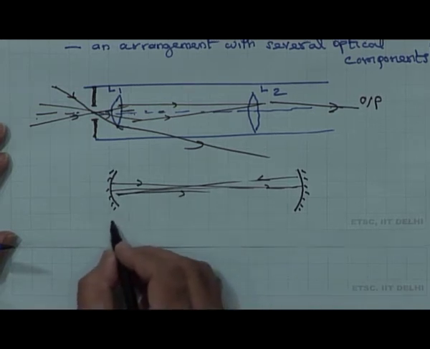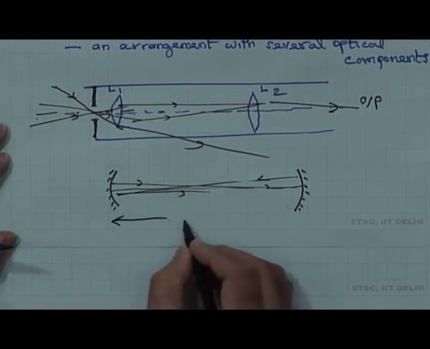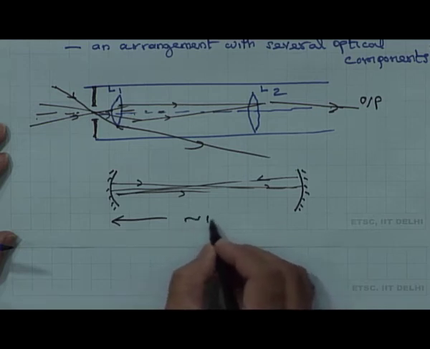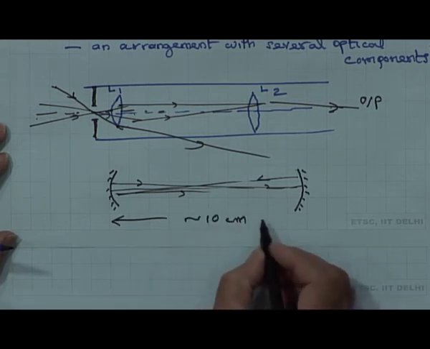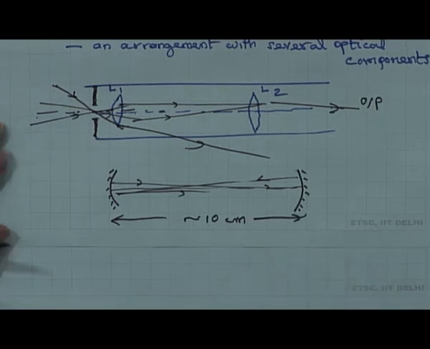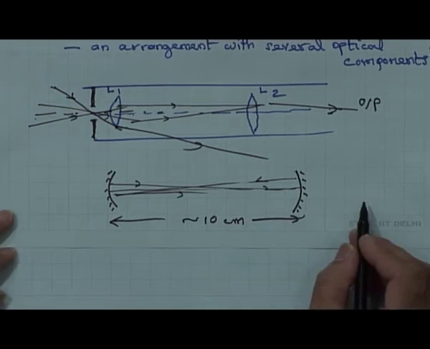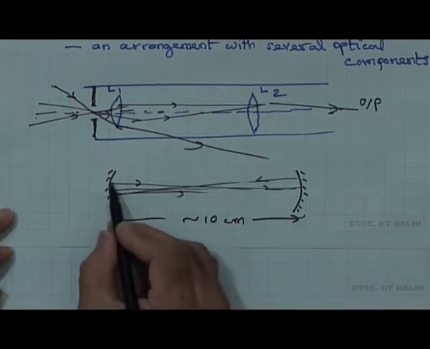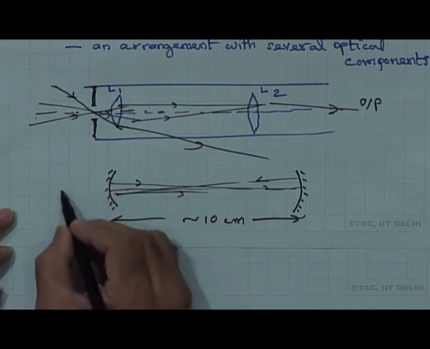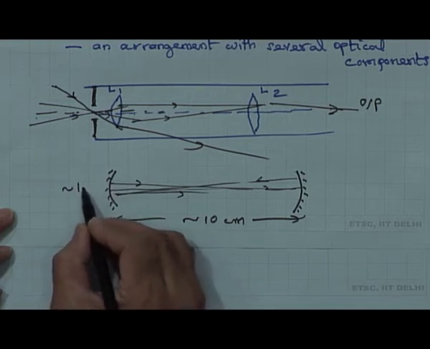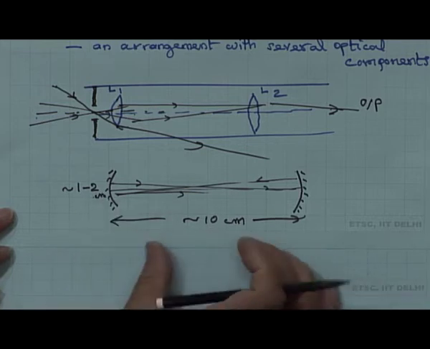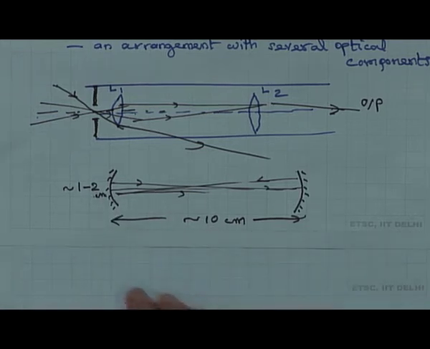Note that typically this length could be of the order of 10 centimeters. If I take a helium neon laser, this could be of the order of 10 centimeters, and the mirror here could be of the order of 1 to 2 centimeters, and this distance could be 10, 20 centimeters.